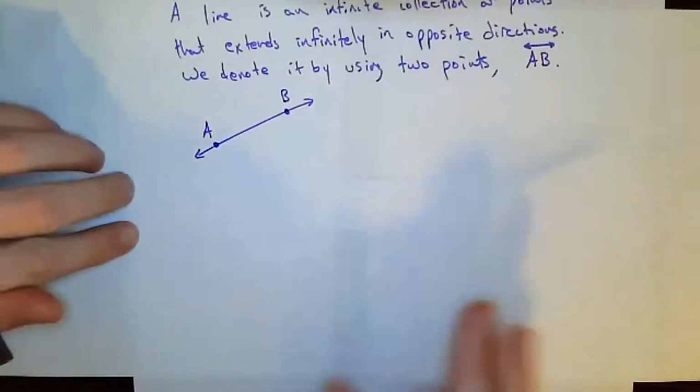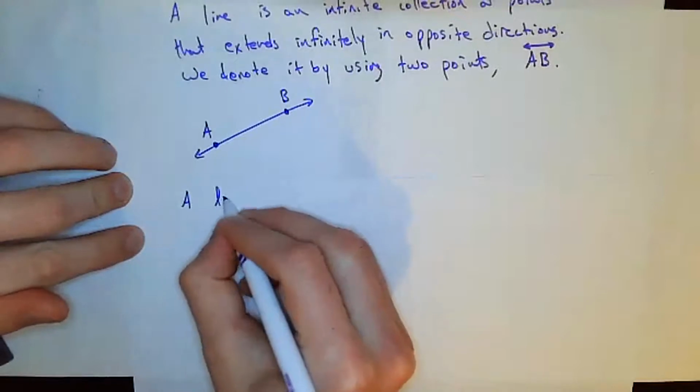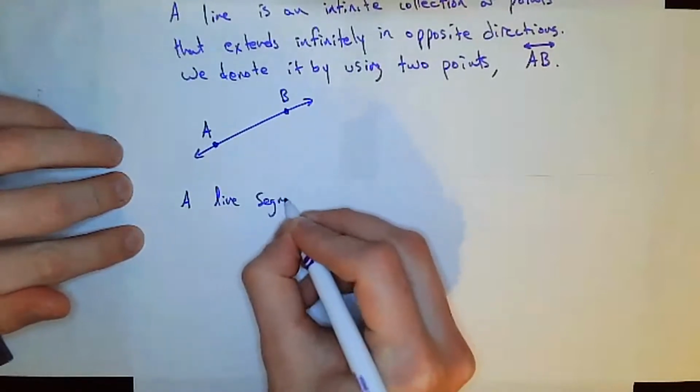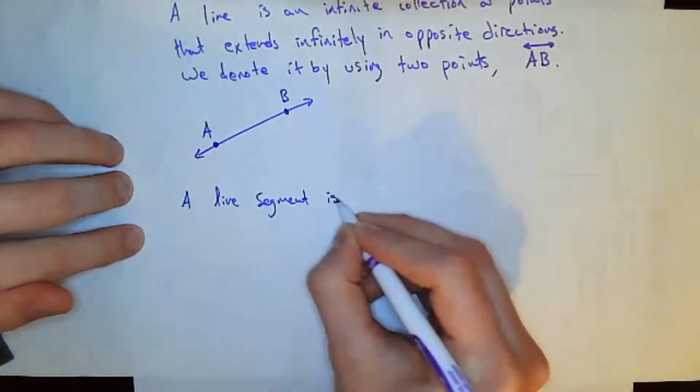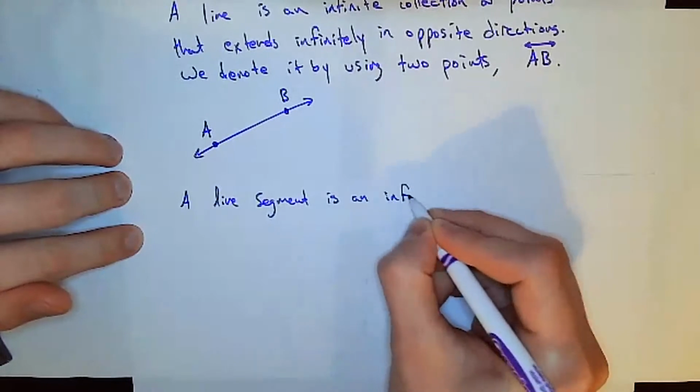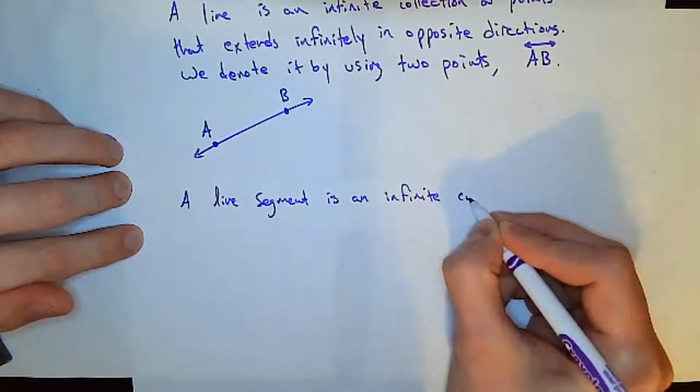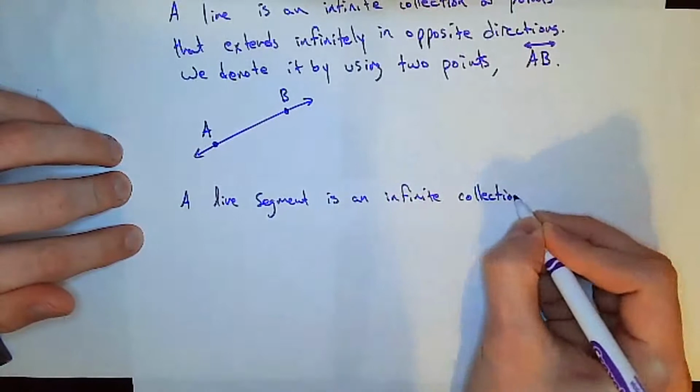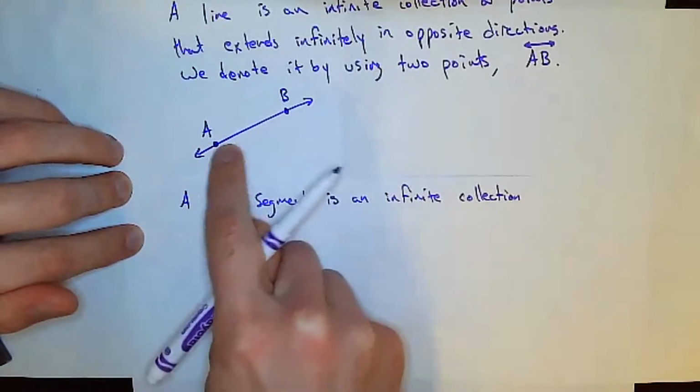A line segment is also technically an infinite collection of points. Technically, in between any 2 points, there's infinitely many things.